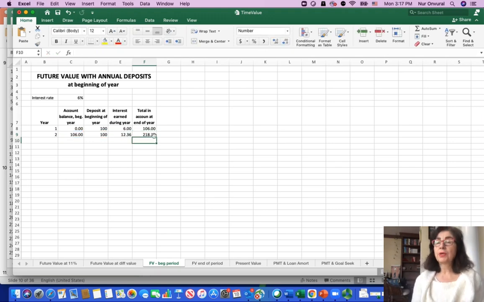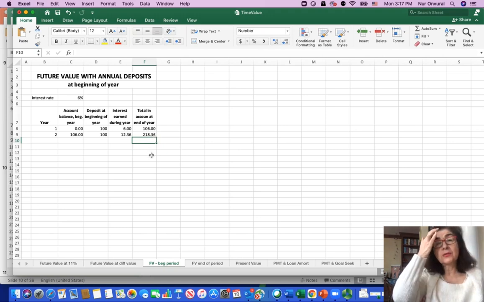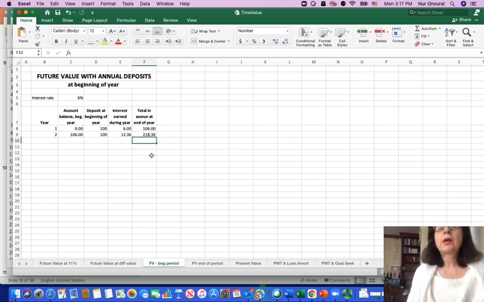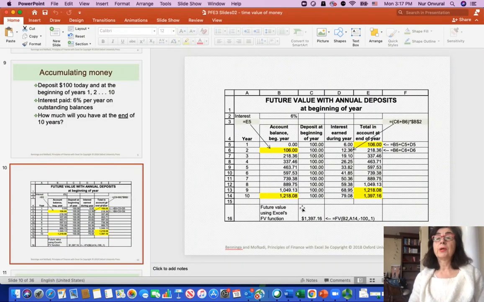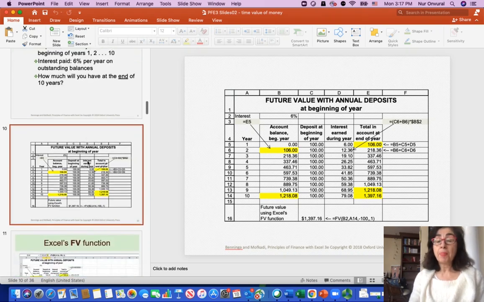So that's going to give us that $218.36. So you can continue to fill out this table as it was presented to you in this PowerPoint presentation.